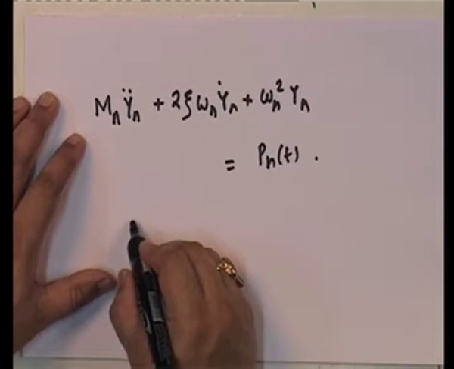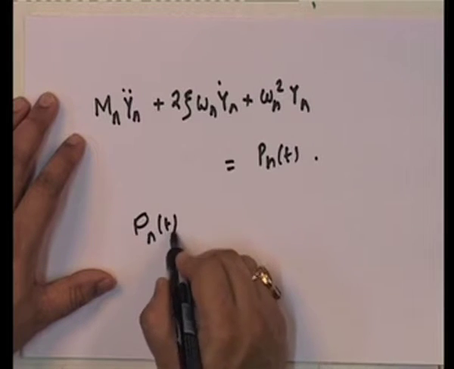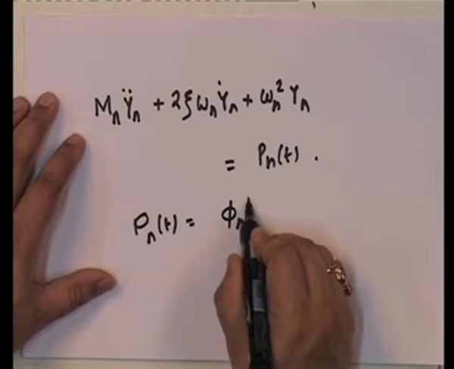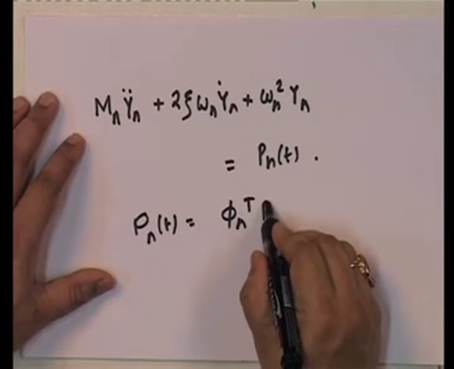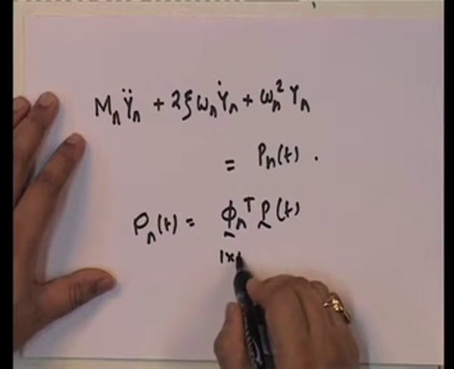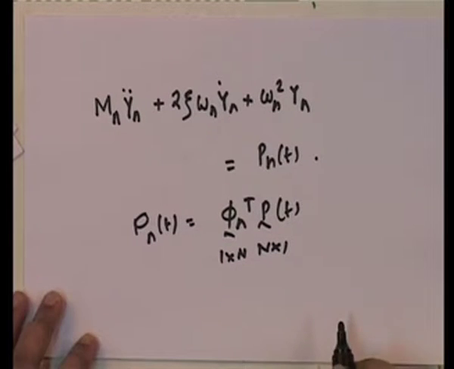P n, if you look at it, is nothing but P n of t is equal to phi n transpose P of t. Okay. This is 1 by n, this is n by 1, this is 1 by 1, scalar.